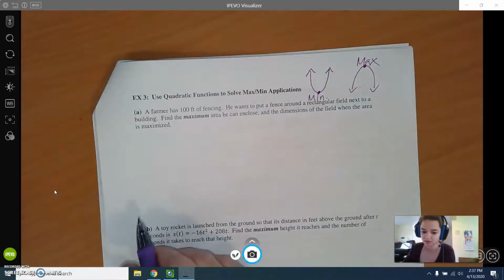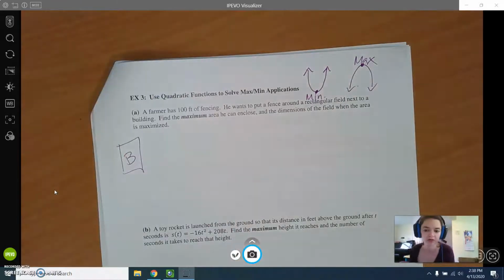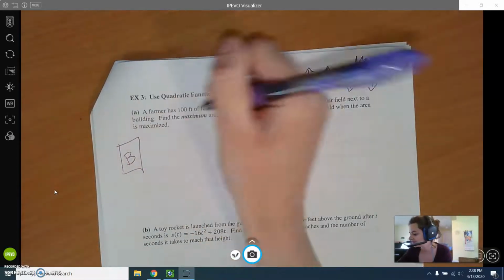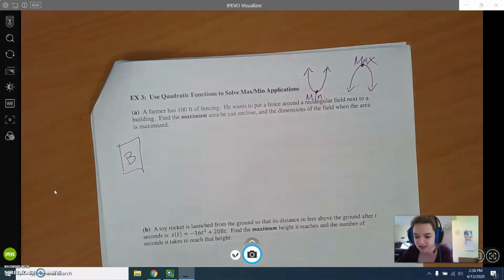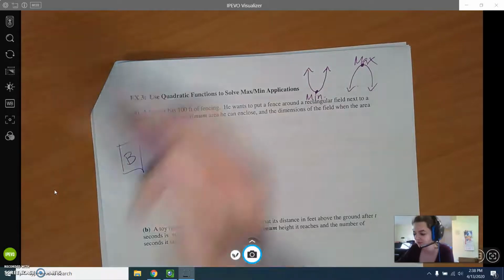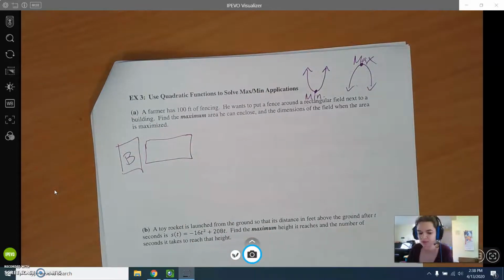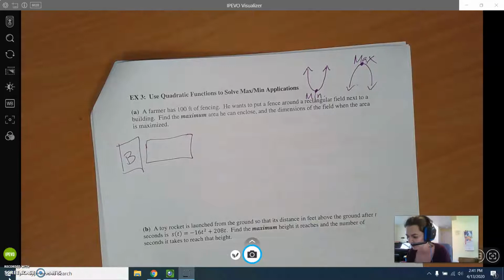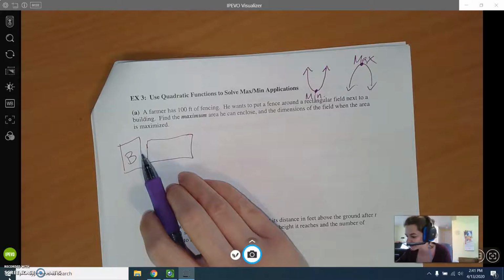I'm not very good at drawing, so I'm just going to draw a box with a B in it for the building. He's going to enclose a fence next to that building. It doesn't say that it touches the building, but I'm thinking that they gave us the building as a hint, so let's assume that the building is one of our sides.